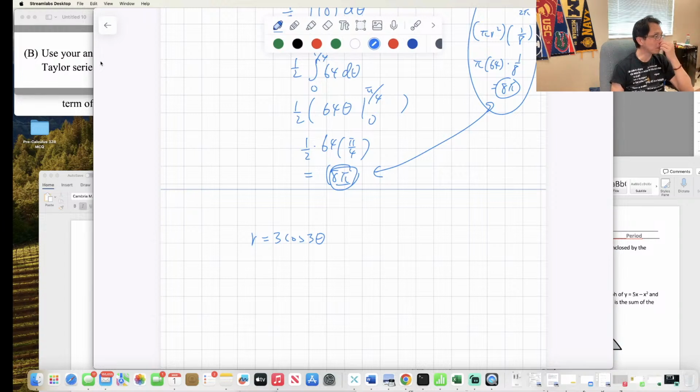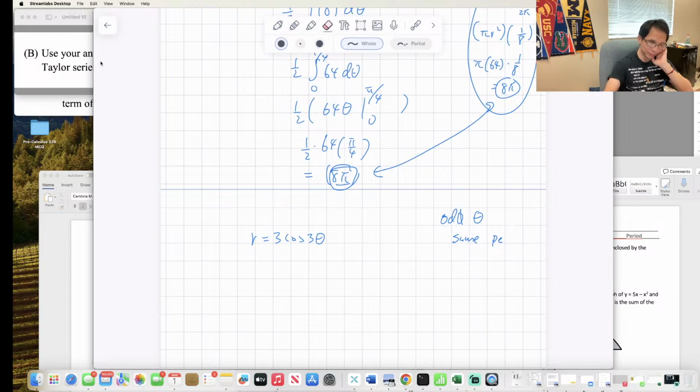So first of all, we talk about how many petals. If the coefficient of theta is odd, you get the same amount of petals as that number. I don't know how to spell petal. P-E-T-A-L, petal, as in a flower.